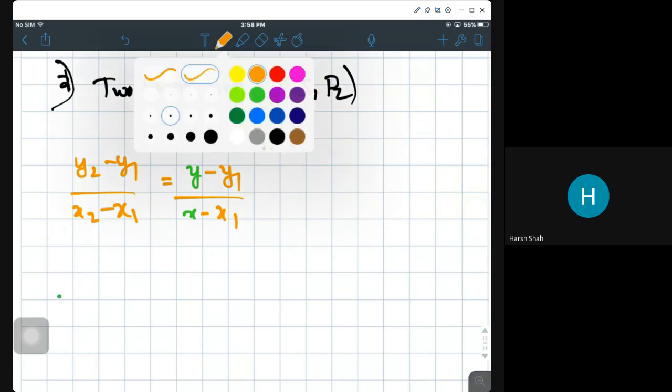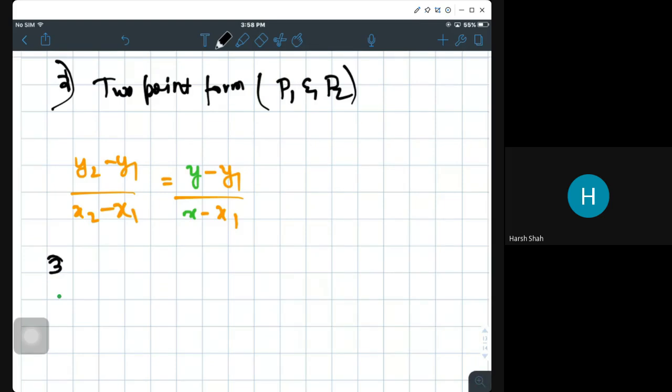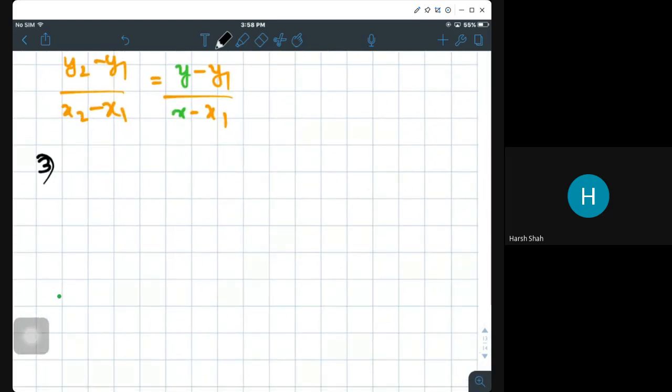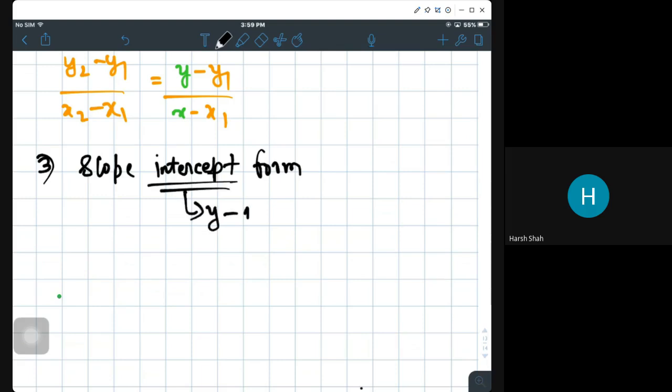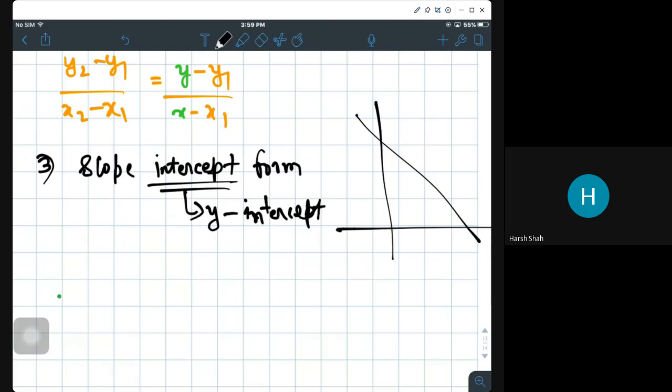Then the third way of representing a line is slope intercept form. This is the y-intercept. Can anyone tell me what is meant by intercept if I have a line like this? The point at which it cuts the y-axis.